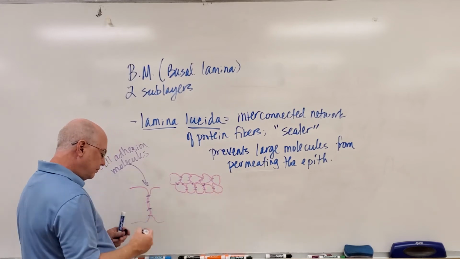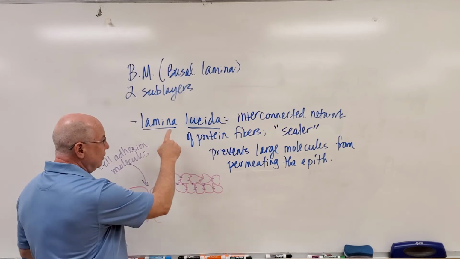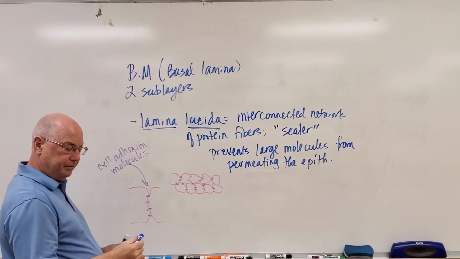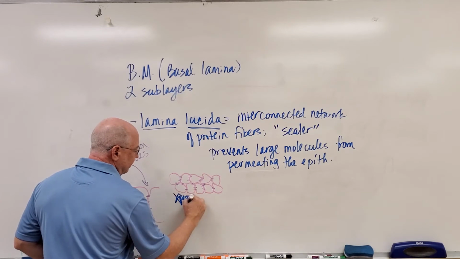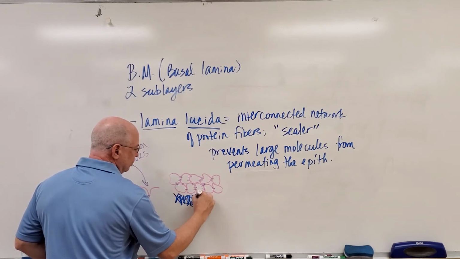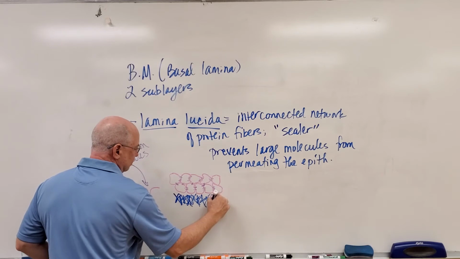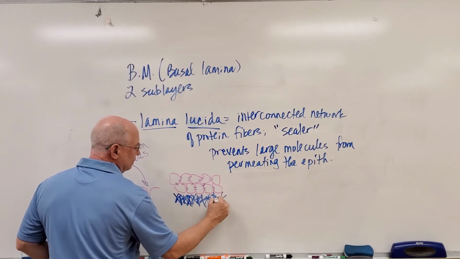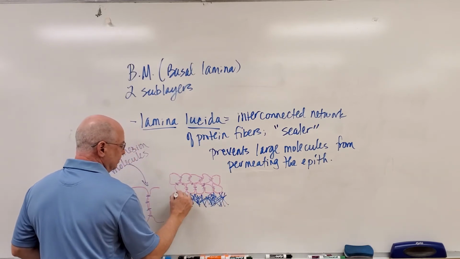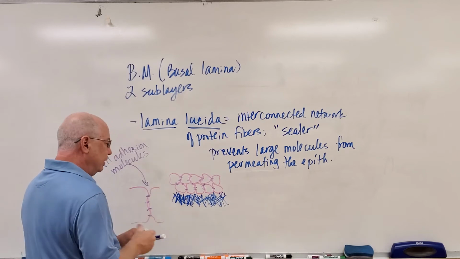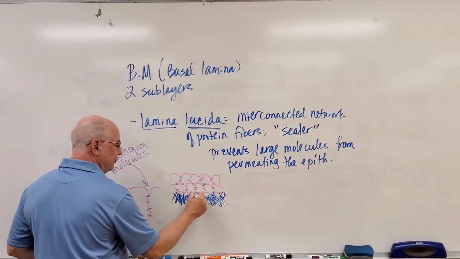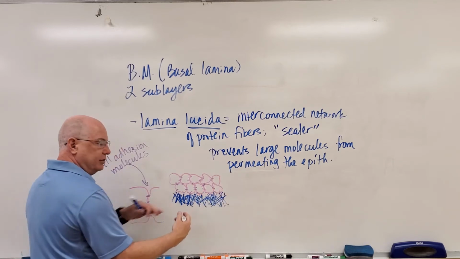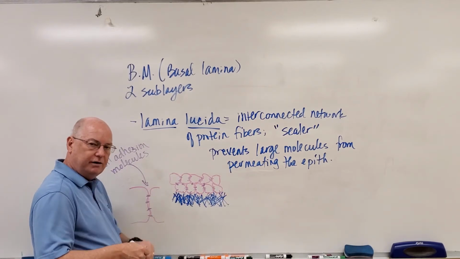Now, the first layer of the basal lamina is this thick layer of protein filaments and fibers. They're all crisscrossed, going in every which direction. Some of those cell adhesion molecules actually attach to those fibers and prevent our skin from sliding off.